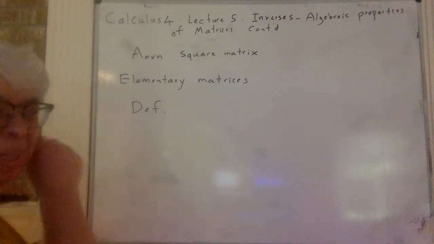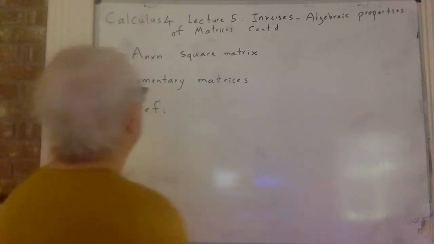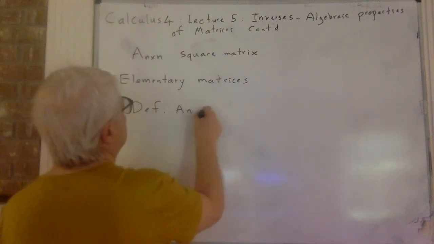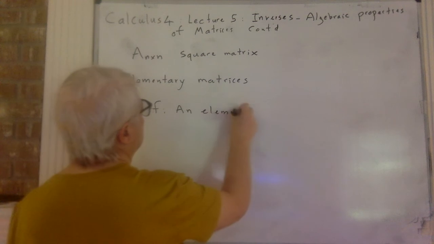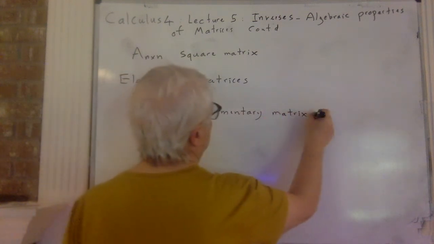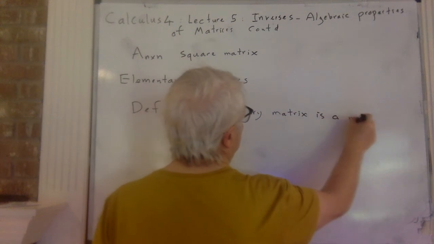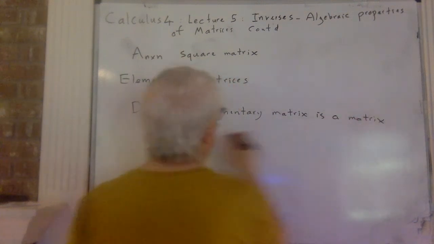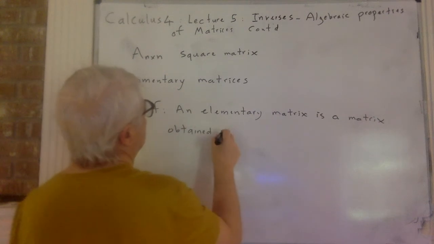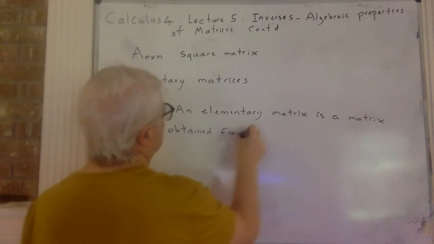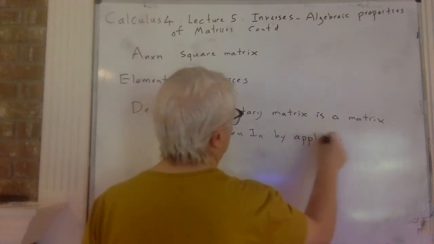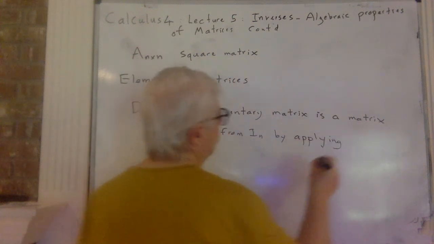So an elementary matrix is a matrix obtained from I_N by applying one of the row operations.